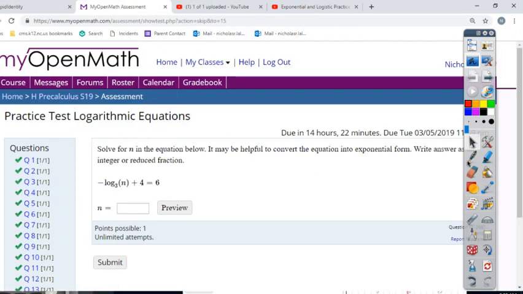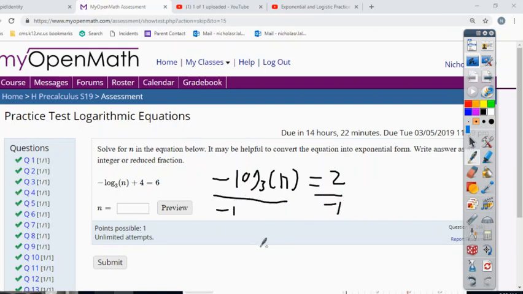Question 16. All right, subtract 4 from each side. The negative log base 3 of n is equal to 2. Divide each side by negative 1. The log base 3 of n is equal to negative 2.